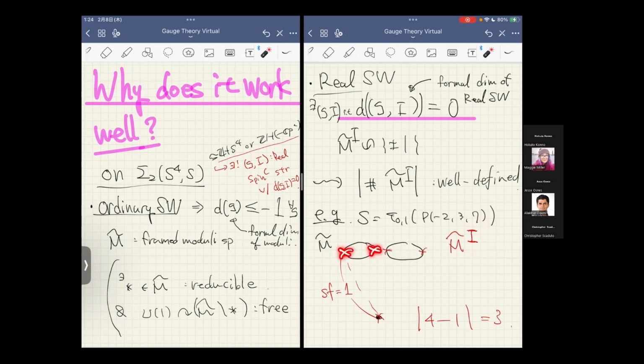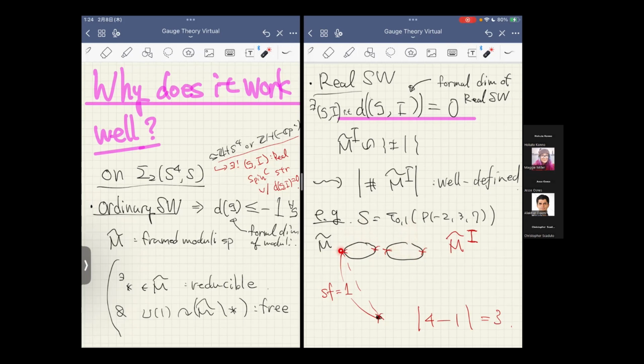There are 5 points in the real framed moduli space. So there are 4 irreducible solutions, and these two solutions are switched by the -1 action. These are also switched by the -1 action.